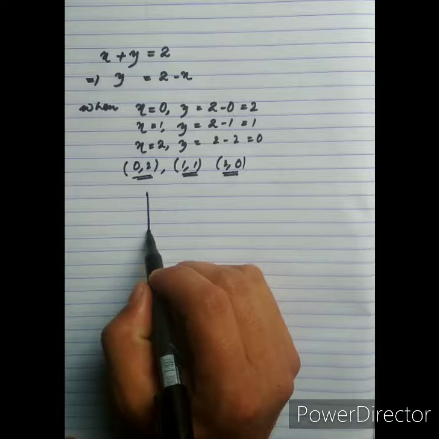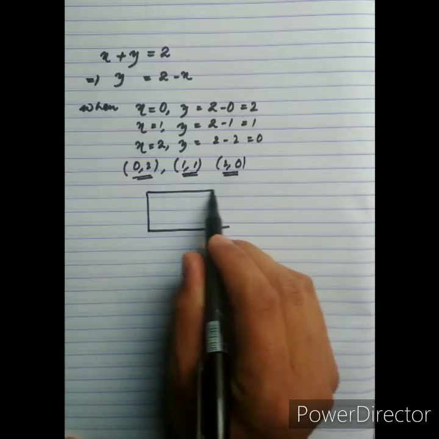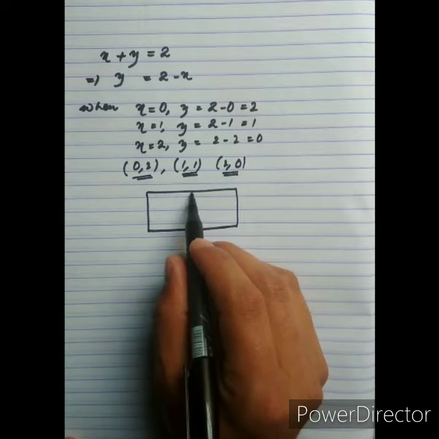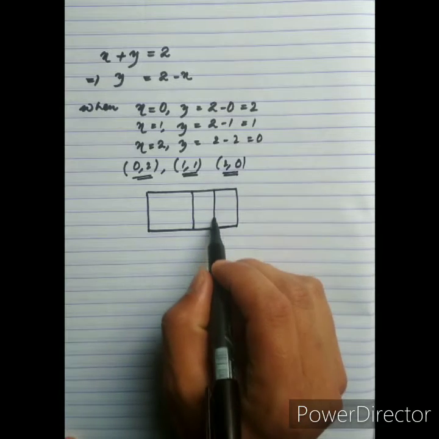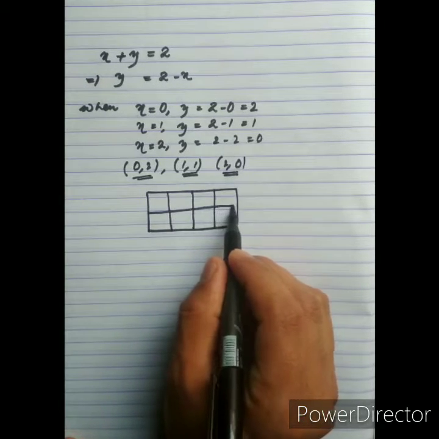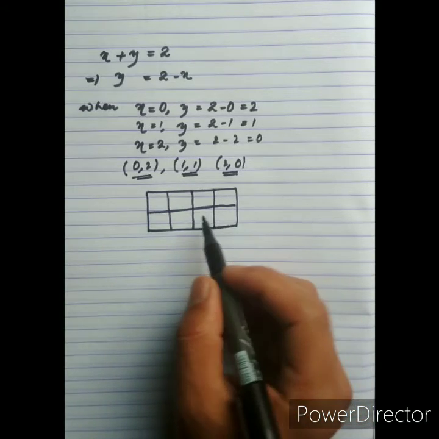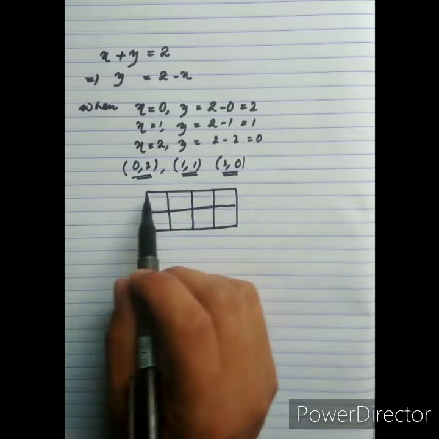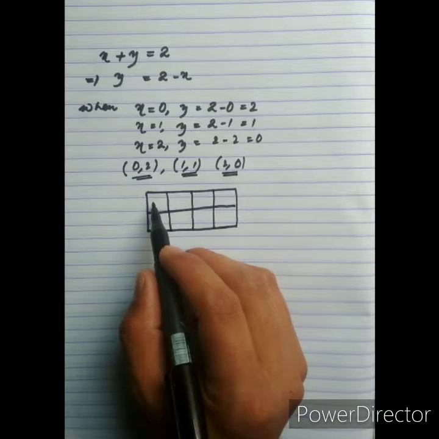So we'll just make the table here. The table is just to show the different values of x and y and their corresponding values.